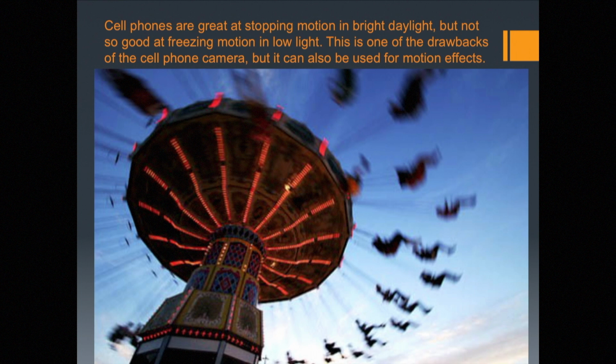But it can also be used to get some nice motion effects. So just be aware that you're not going to be able to freeze motion like for sports at an indoor volleyball game. That's not a good place to be depending on your cell phone.